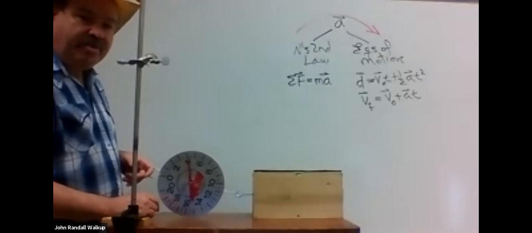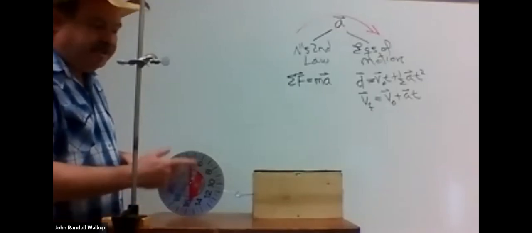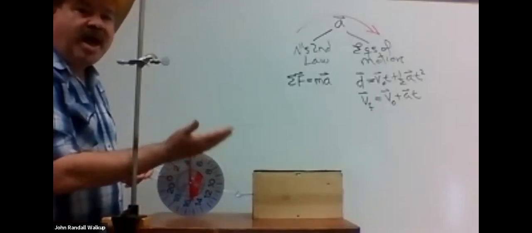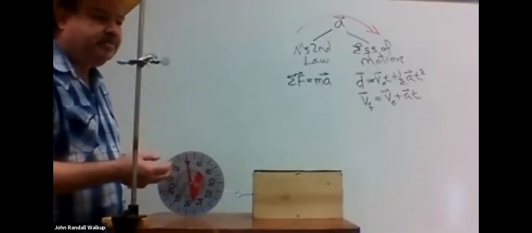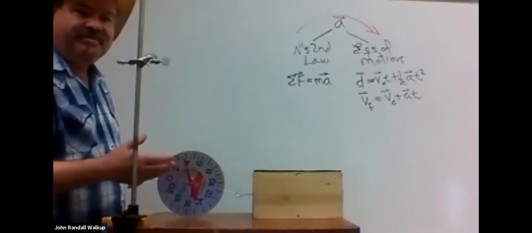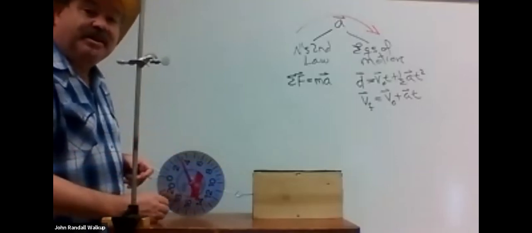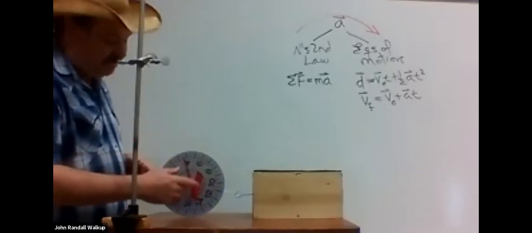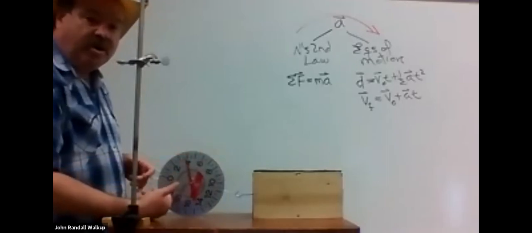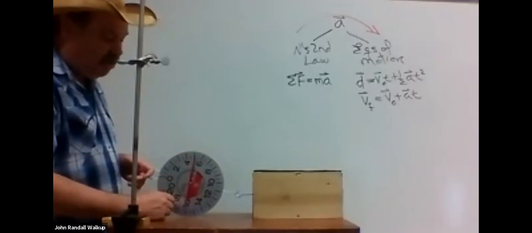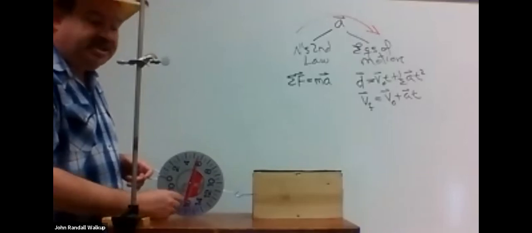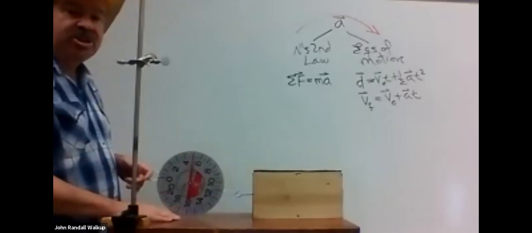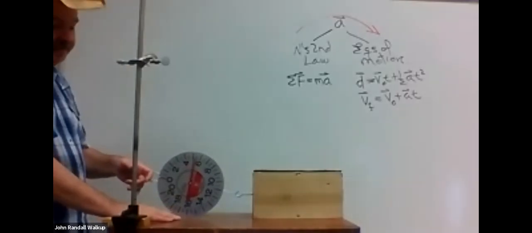And if I pull with more and more force, the force of friction is going to rise, as they say, concomitantly with this 4. So as I increase more and more, the force of friction rises more and more to always keep this box from accelerating.